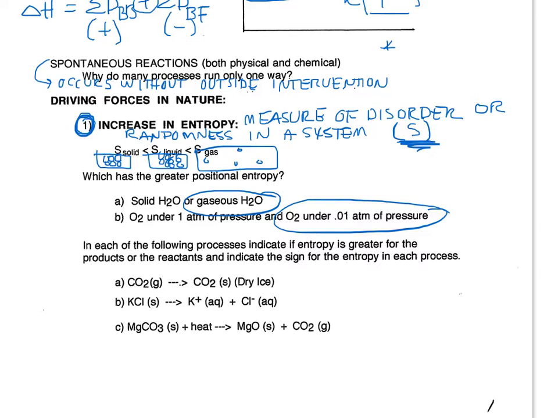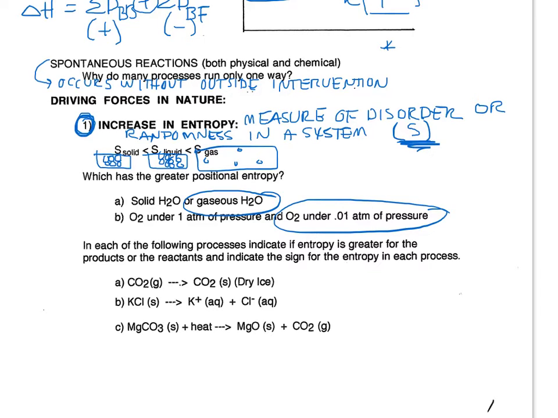Alrighty, now we're going to apply this to actual chemical reactions and some phase changes. For each of the following processes, indicate if entropy is greater for the products or reactants and indicate the sign of delta S in each process. We have CO2 going from a gas to dry ice, so we're going from the gaseous form to the solid form.